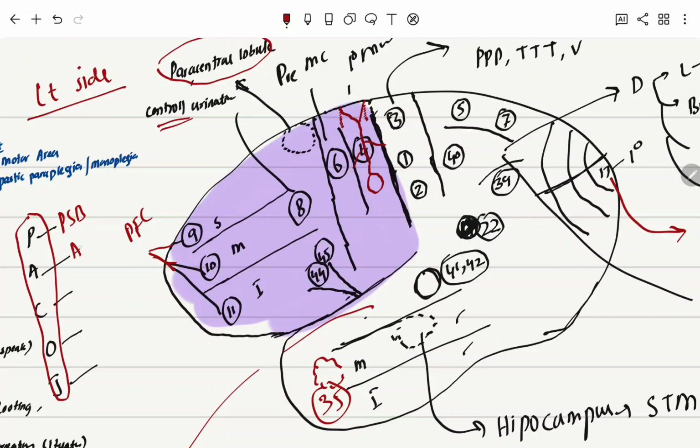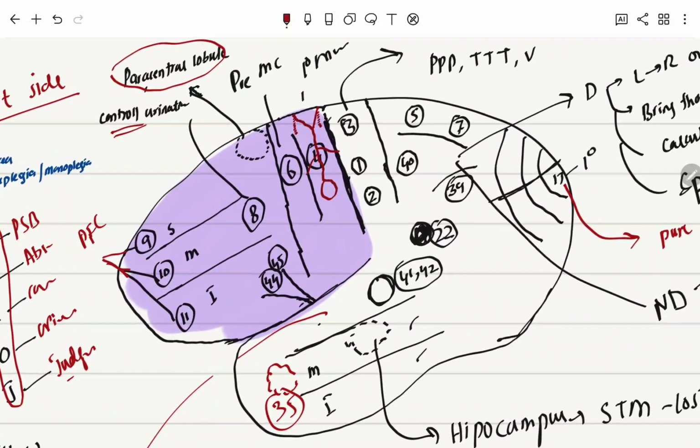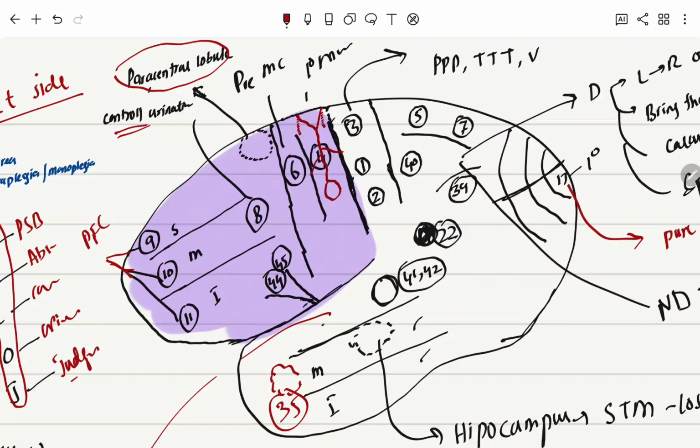A stands for abstract thinking, C stands for concentration, O stands for orientation, and J stands for judgment. So the prefrontal cortex, Brodmann areas 9, 10 and 11, is responsible for these features, right?